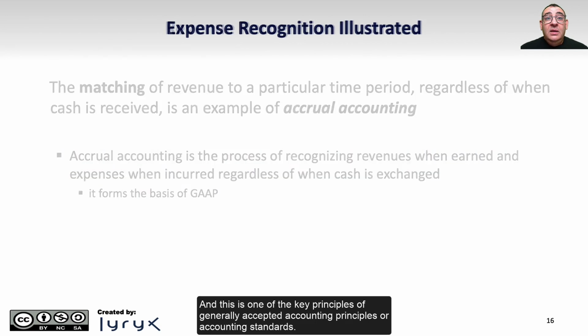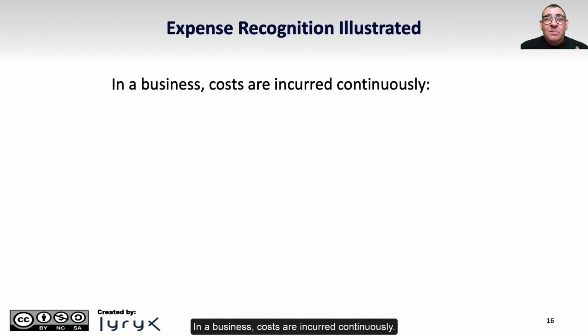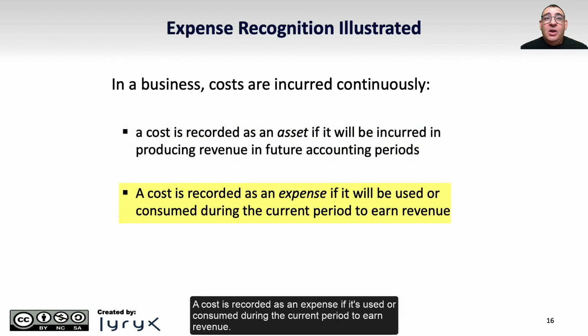Now let's consider how we recognize expenses. In a business, costs are incurred continuously. A cost is recorded as an asset if it will be incurred in producing revenue in future accounting periods. A cost is recorded as an expense if it's used or consumed during the current period to earn revenue.